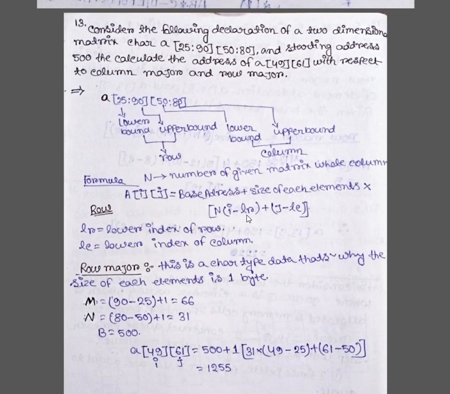This is the lower boundary for the row, and this is the lower boundary for column. You have to remember this formula while solving this type of questions in the exam, where LR is the lower index of row and LC is the lower index of column.